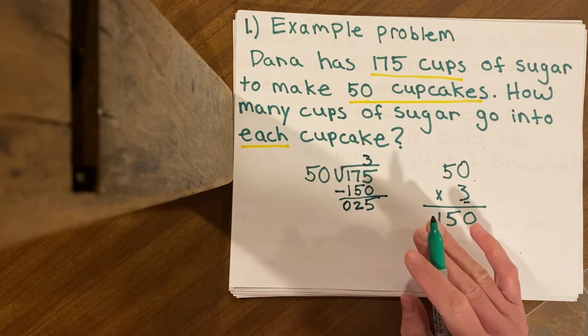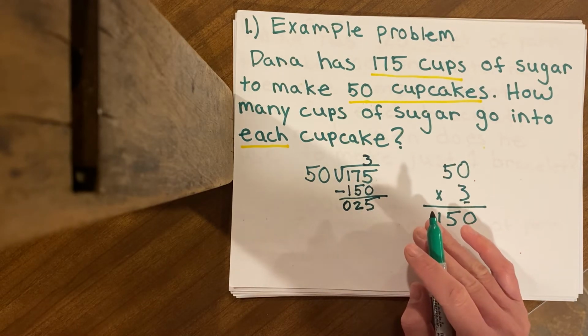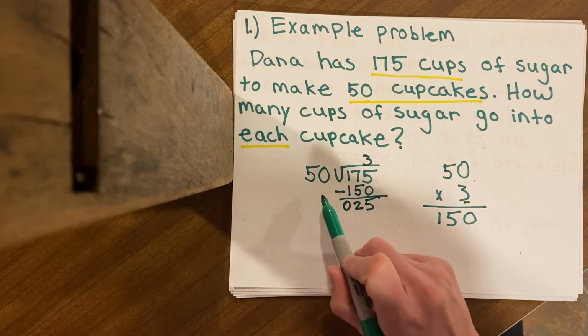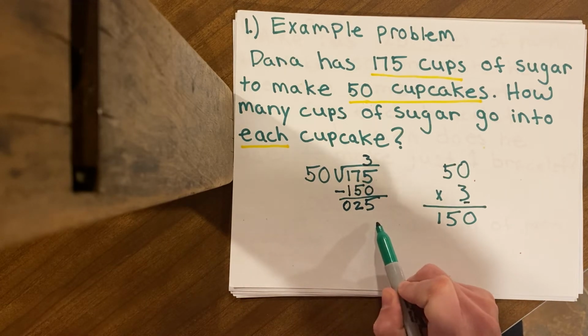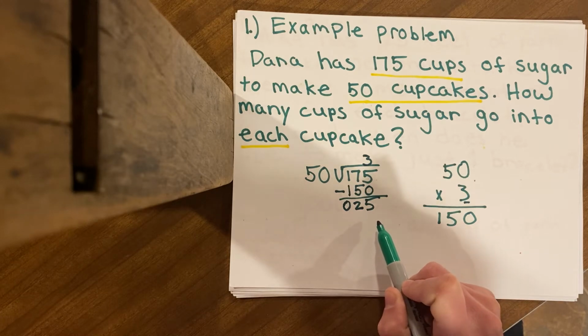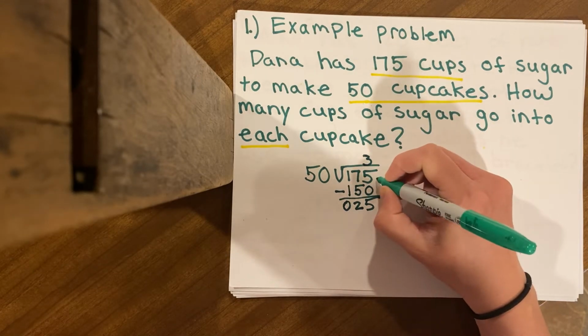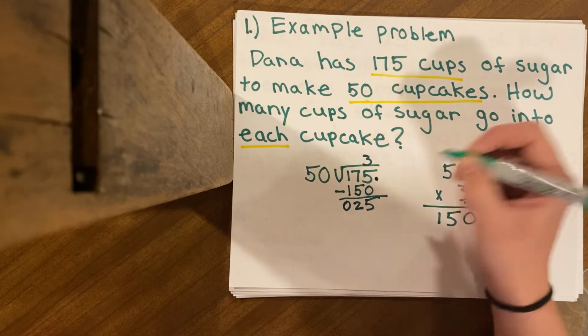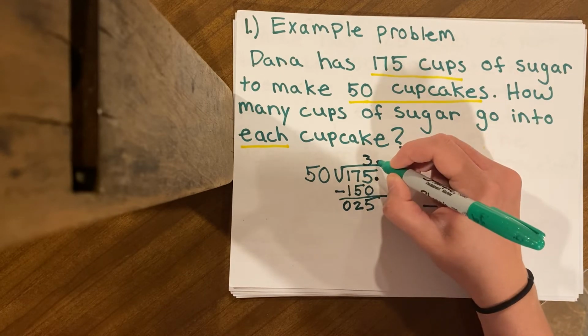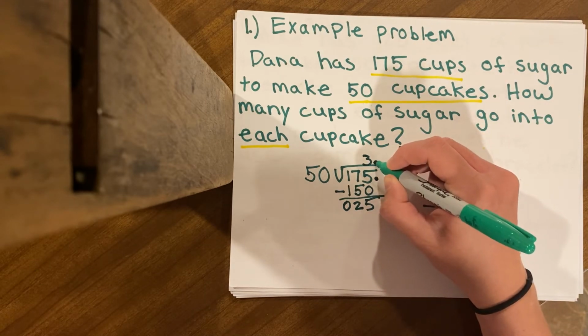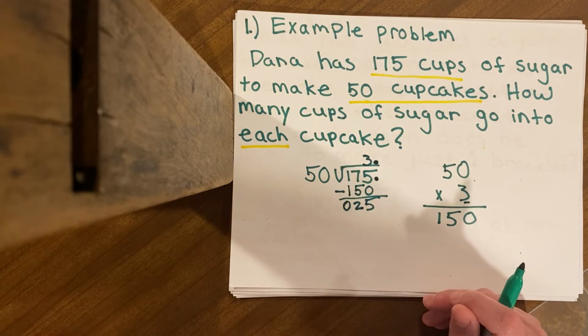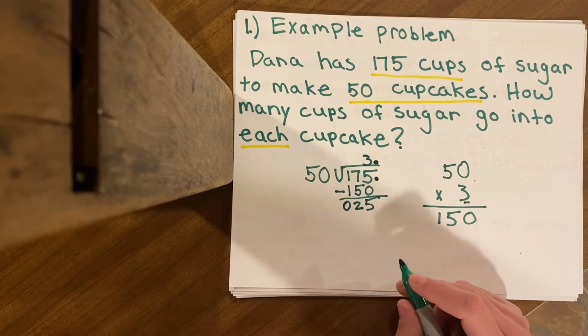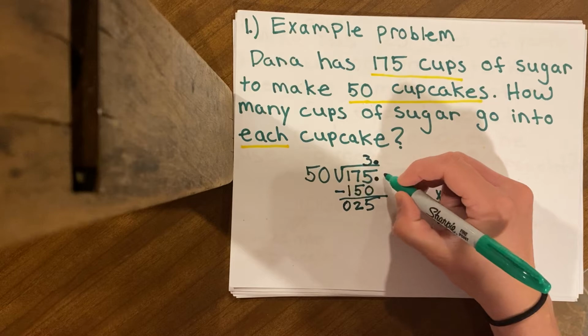Okay, once you get to this point, we know that 50 cannot go into 25, but we want to keep going. So what we're going to do is you're going to add a decimal here, okay, and you're going to bring that decimal up. Once you add that decimal, what you're going to do is you're going to add a 0.